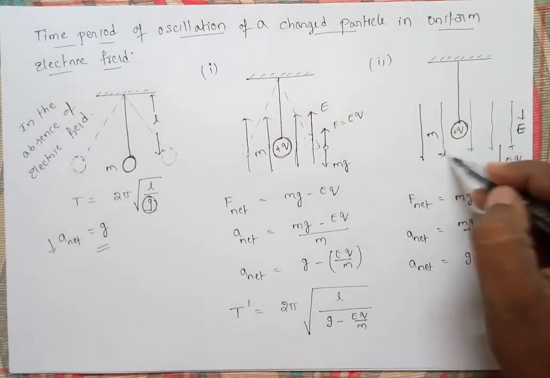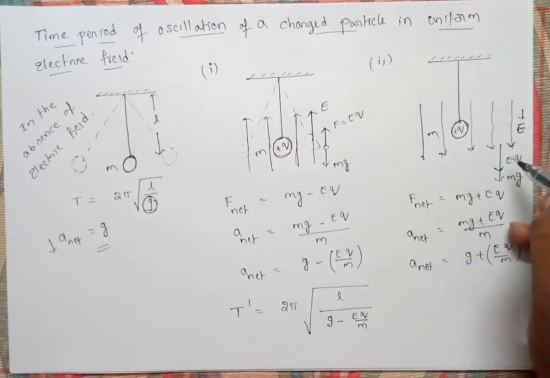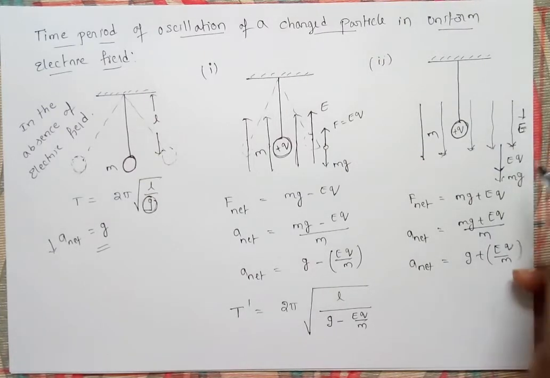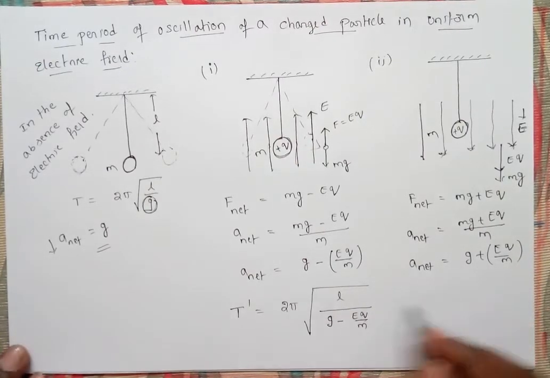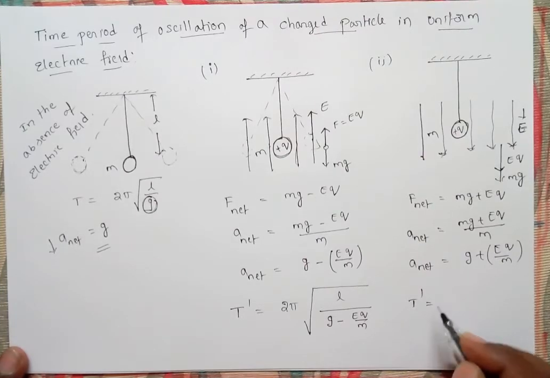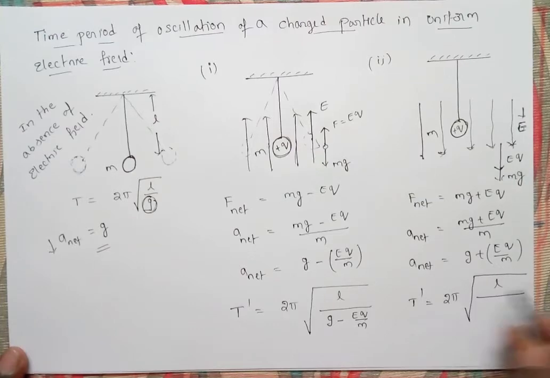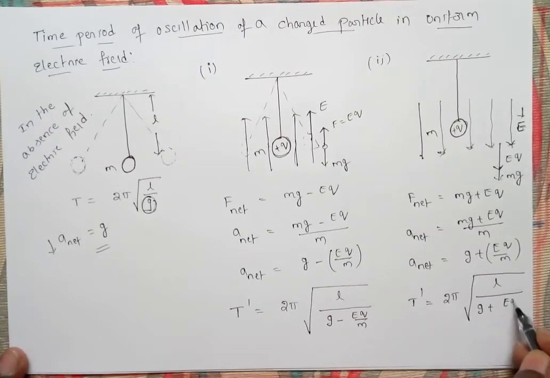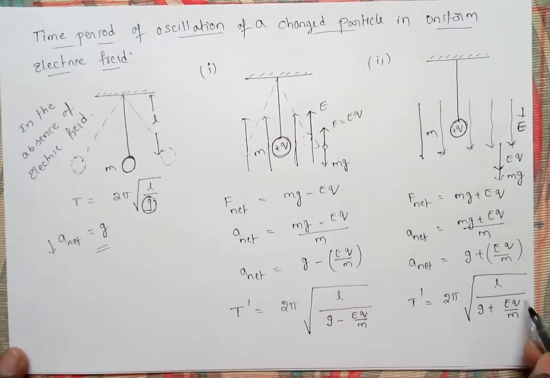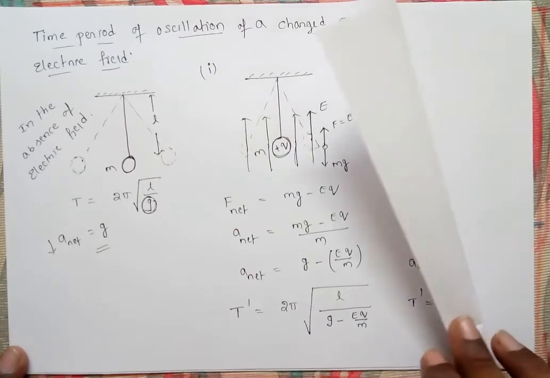But when the electric field is downwards, the force on the charge is downwards only, that is EQ, and the gravitational force always acts downwards. Then the net acceleration is g plus EQ by m. So the new time period is 2 pi into root over L by (g plus EQ by m). This is what you can understand when the electric field is upwards and when it is downwards.